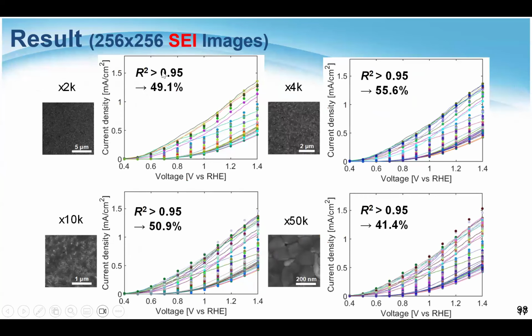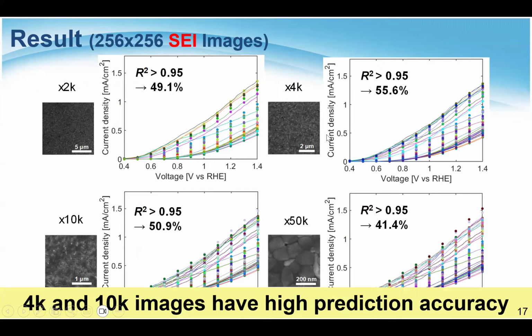So here is the example, first using the SEI images. You can see the R2 over 0.95 is about 50, 55, 51, and 41% for different magnifications. So 4K or 10K magnification seems to have good prediction accuracy.